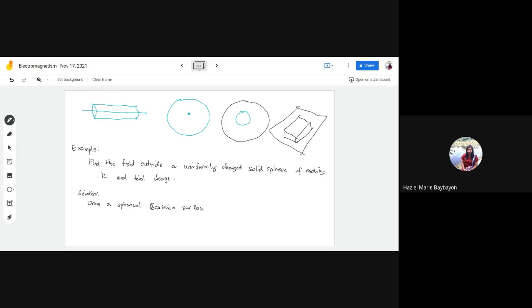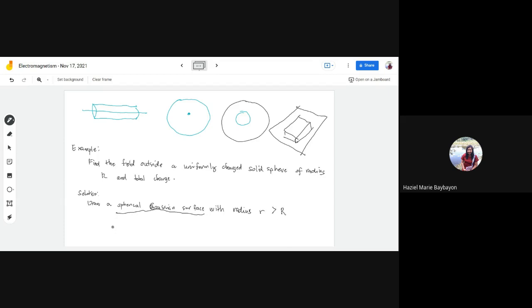Since we are asked to find the field outside a uniformly charged solid sphere of radius R, then this spherical Gaussian surface should have a radius greater than that of R. So draw a spherical Gaussian surface with, say for example, radius r, gamay nga r, which is greater compared to big R.